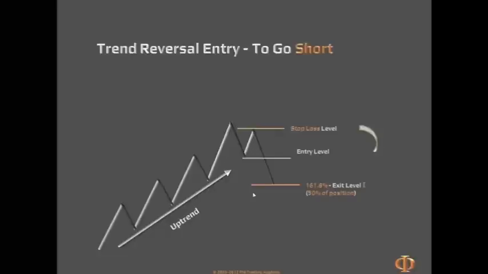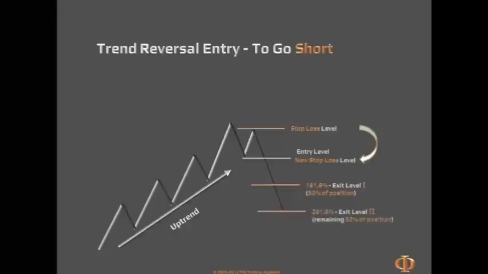We can move the stop loss lower, either to the entry level or the break-even level, and then we pray for the market to reach the 261 instead of hitting our stop loss, where we can close the remaining 50% of our position.